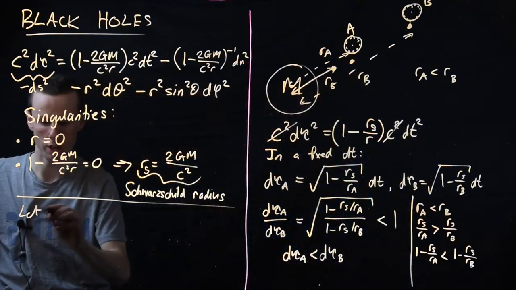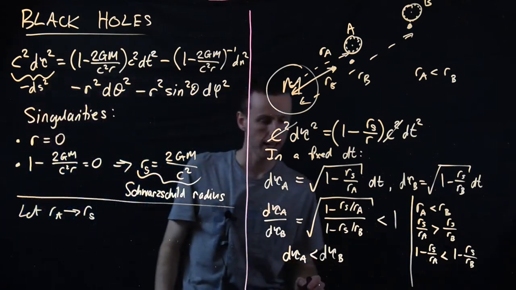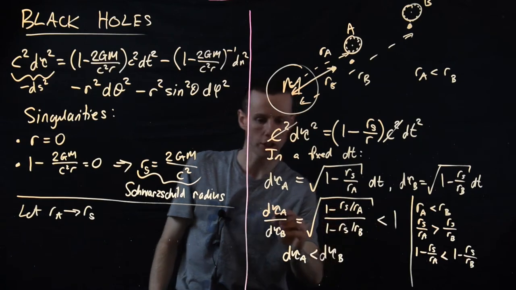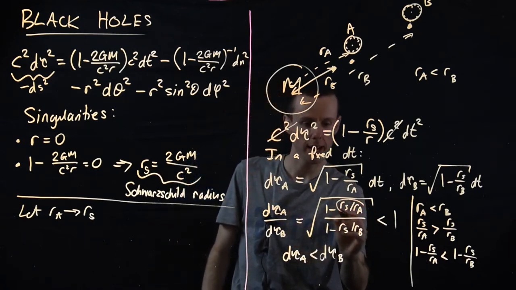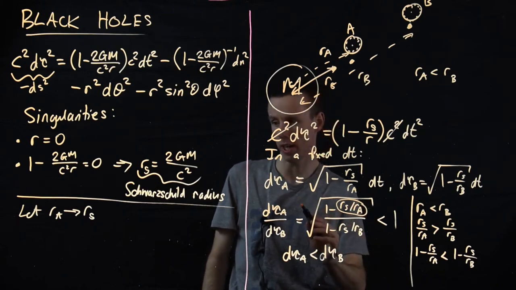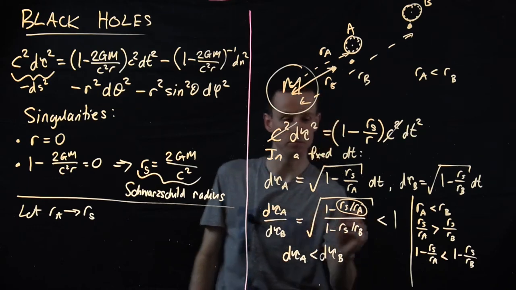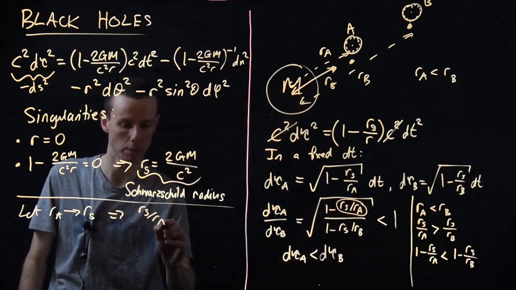Let RA approach RS. Well then, if I look here at d tau A over d tau B, RS over RA is going to be approximately 1.